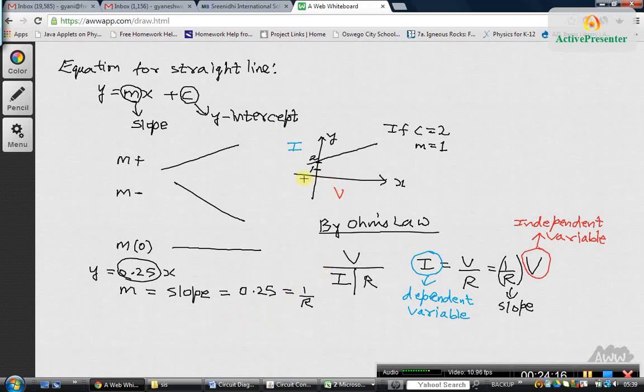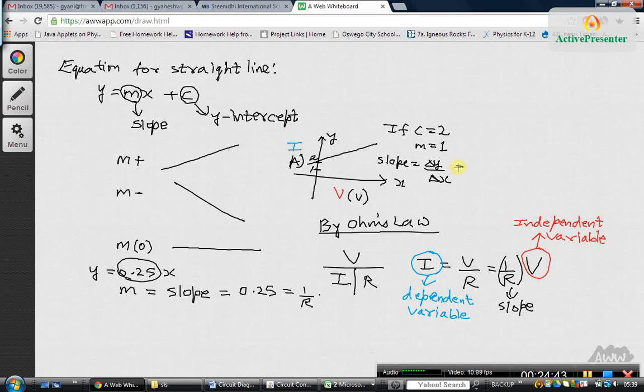Now since the current was taken in amperes and voltage or potential difference was taken in volts, so the unit of the slope would be, it's a change in, slope of a graph is change in whatever you are plotting on y-axis divided by change in whatever you are plotting on x-axis.